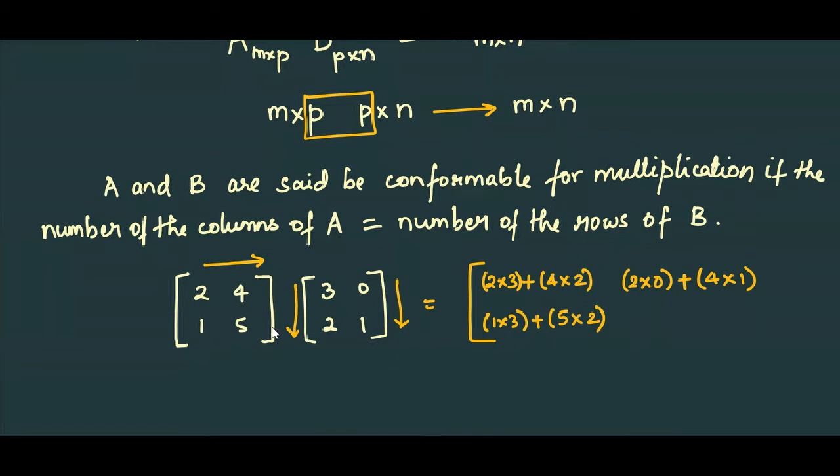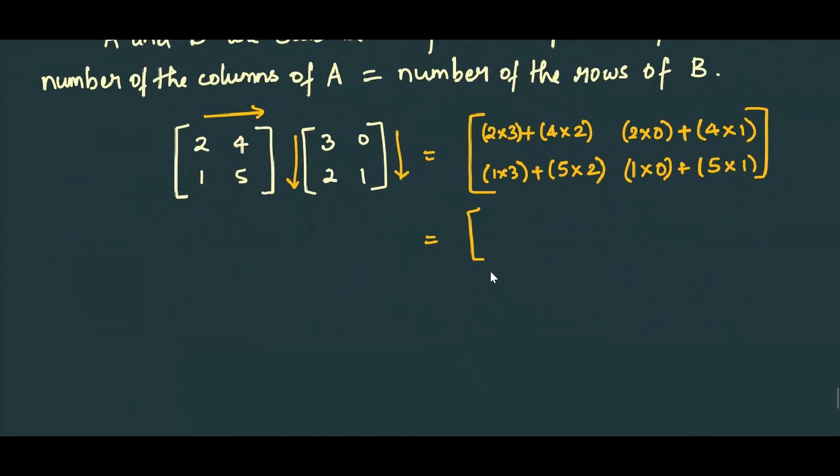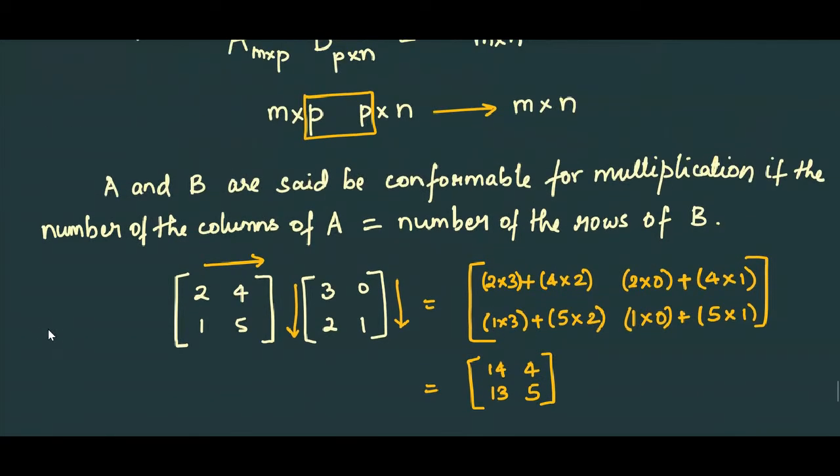And then the last row, last column element, 1, 5 multiplied with 0 and 1. So 1 into 0 plus 5 into 1. So the product is 6 plus 8, 14, 4, 13, 5. So this is how matrix multiplication is defined.